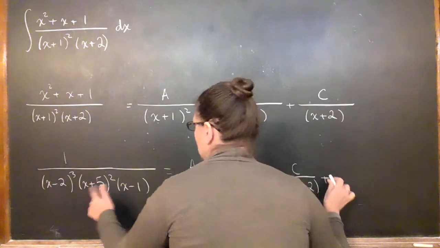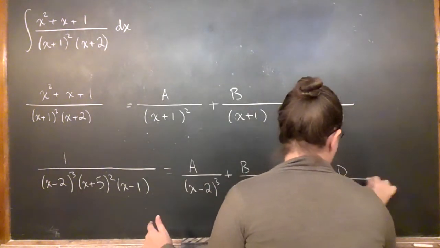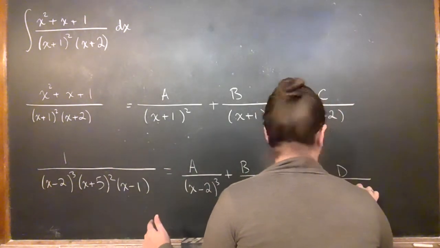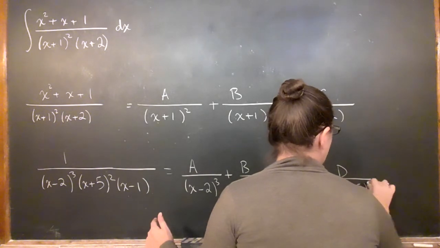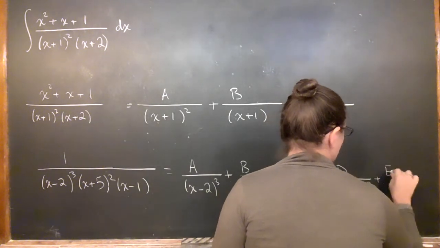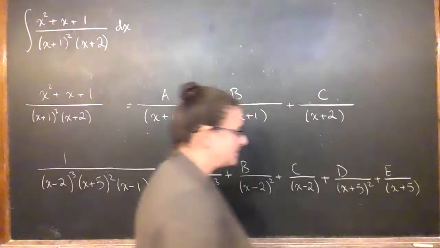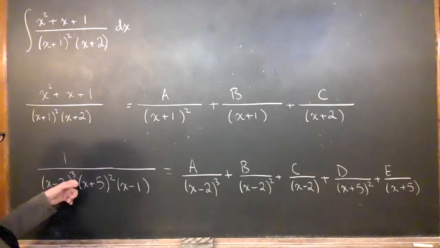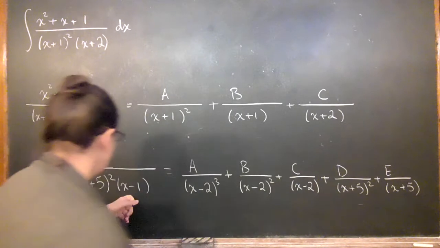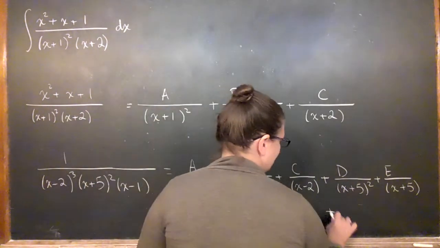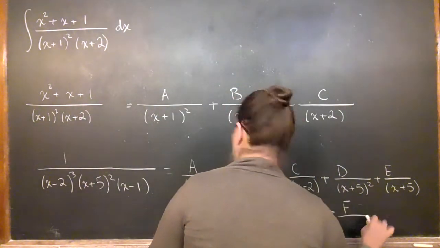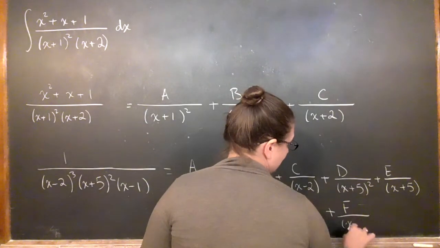Then I'd have to go to x plus 5 squared, and then x plus 5, right? Because I still have to step down from whatever my power n is. And I ran out of space, so I'll also put down here f over x minus 1.